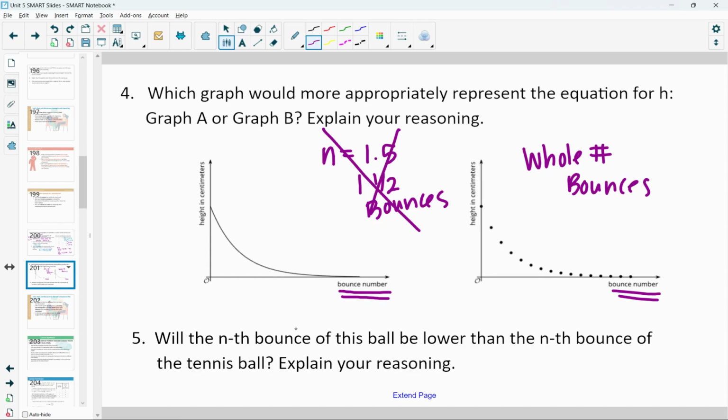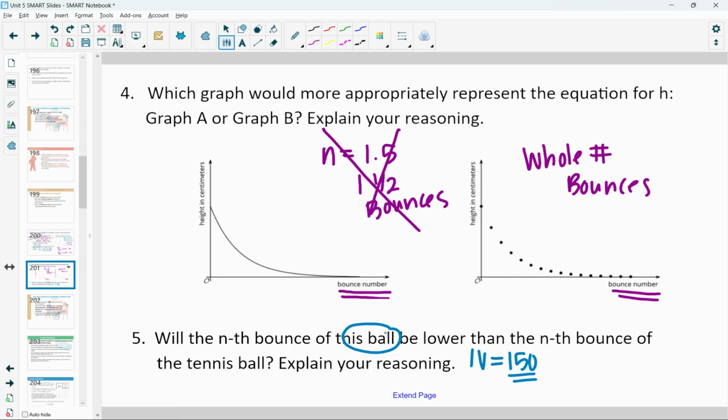And then, will the nth bounce of this ball ever be lower than the nth bounce of the tennis ball? And this is going to be no, because their initial value was both at 150, right? So they both started at 150. And the tennis ball is less bouncy than this ball.